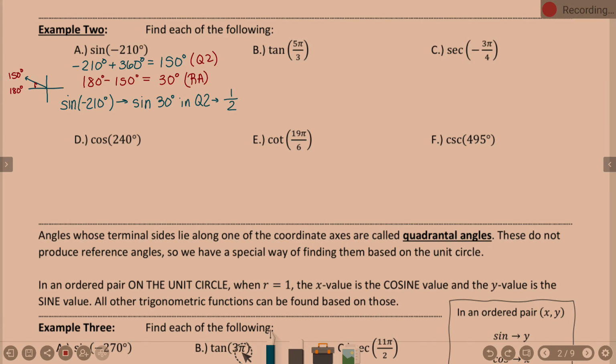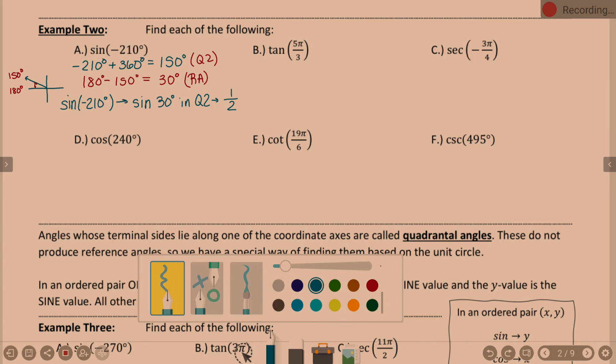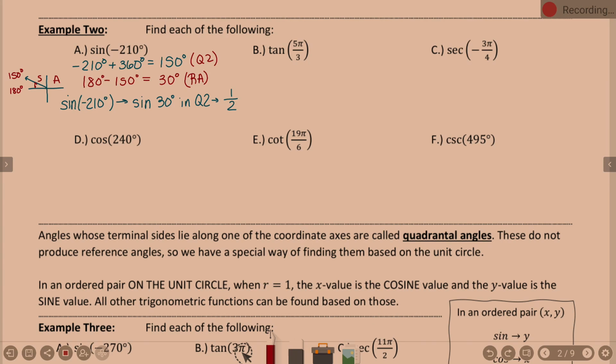Positive or negative 1/2? Positive. Why positive? All Students Take Calculus. So that means this is a positive 1/2.